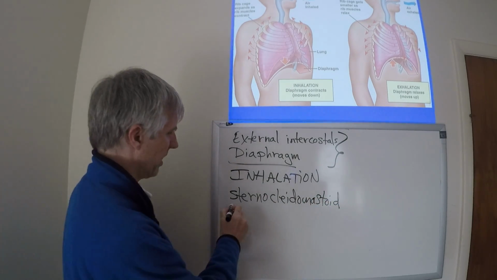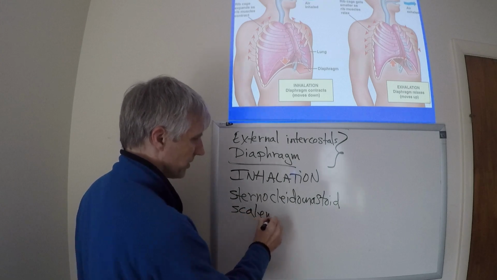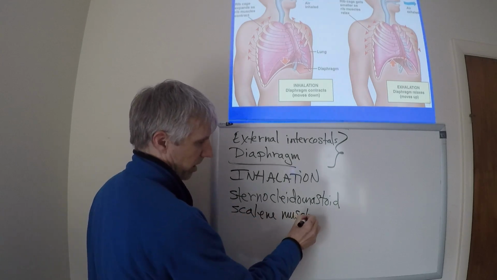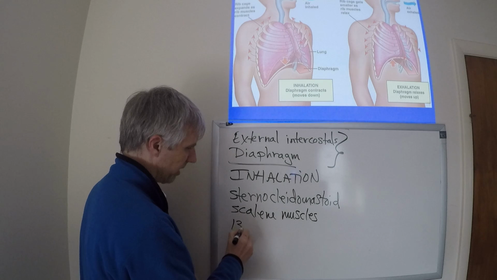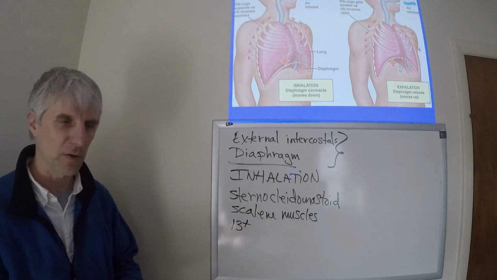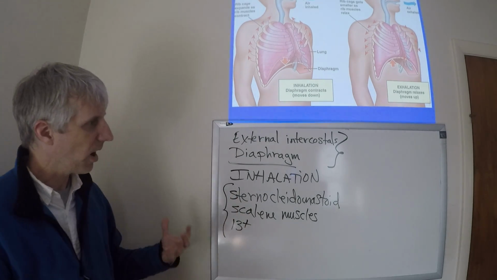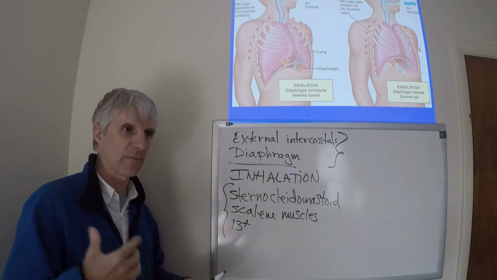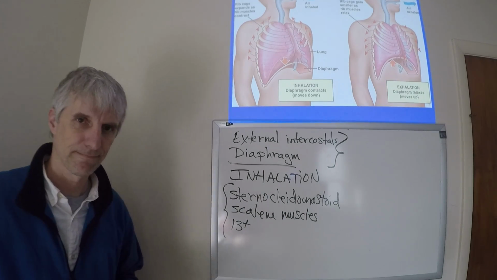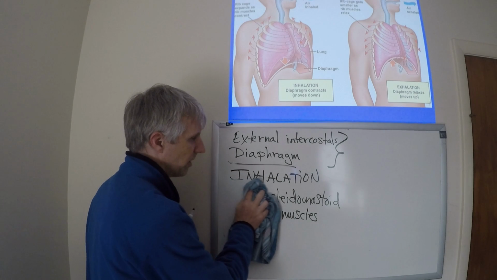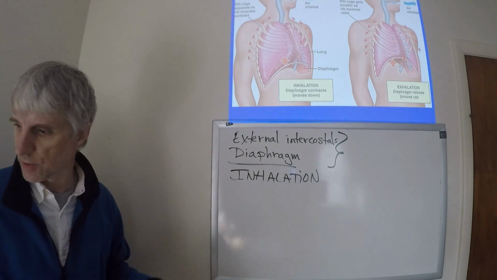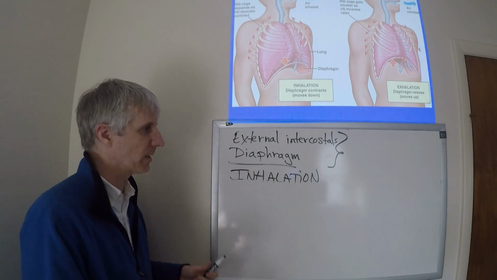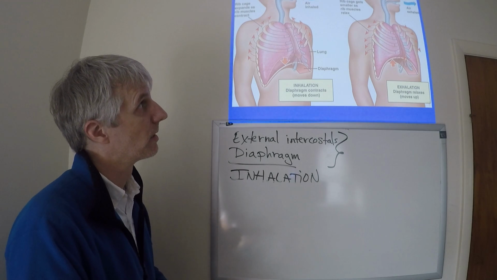Sternocleidomastoid and these scalene muscles are two big groups as well as 13 plus other muscle groups that are also involved in inhalation under heavier load, right? Heavier metabolic activity. All right. But for our purposes, these are the two main groups of muscles that are doing this process of inhalation.